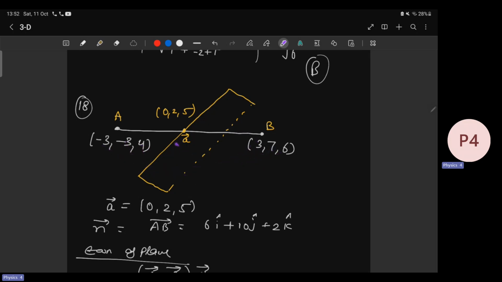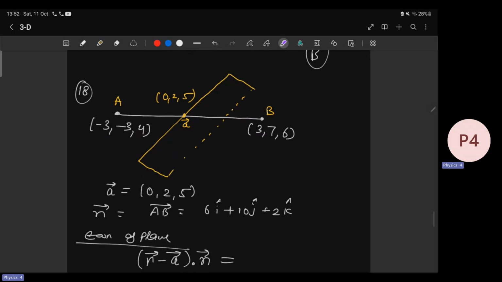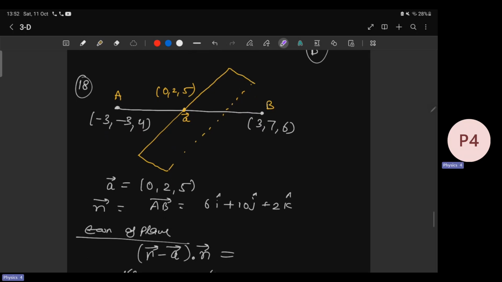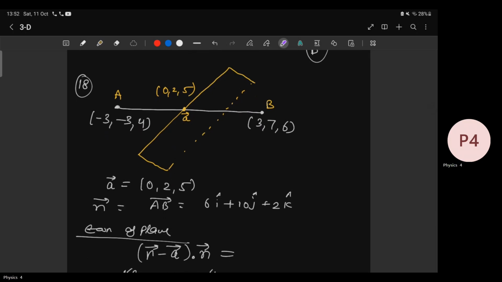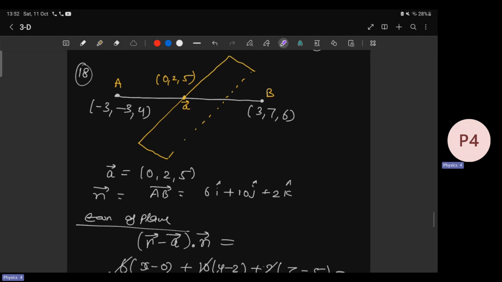So we got the coordinates of the a vector. What do we have to find? First we have to find the equation of the plane. We already know a point in the plane. This is the a vector, the point on the plane.